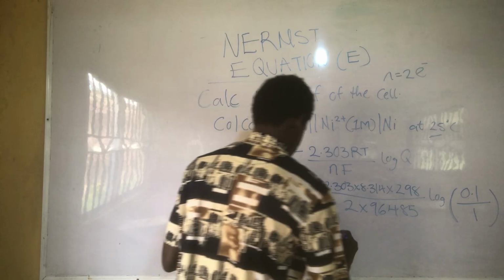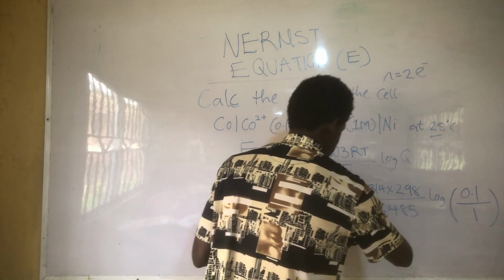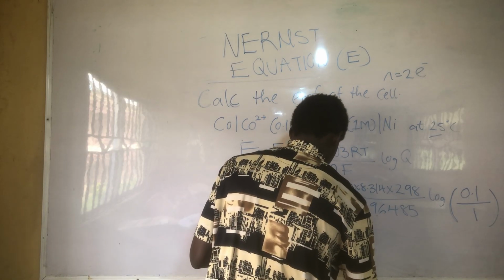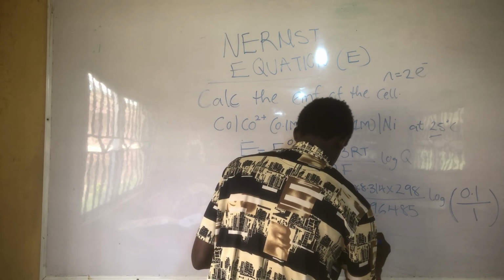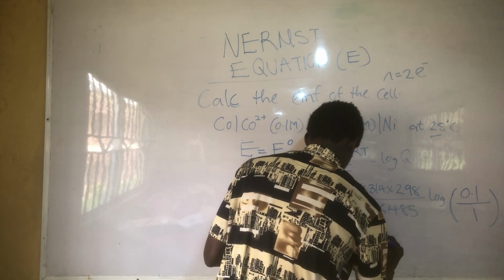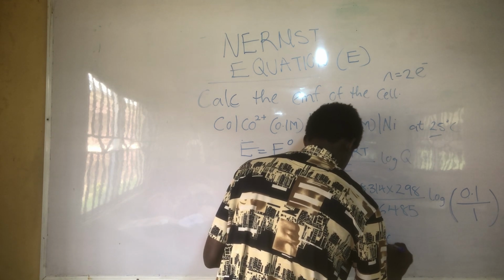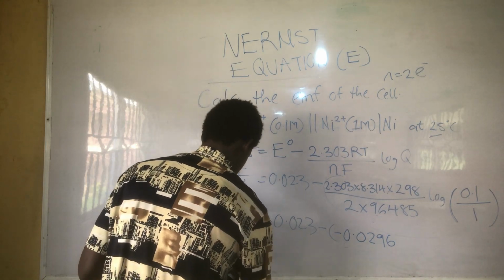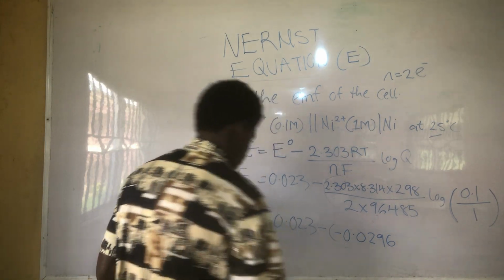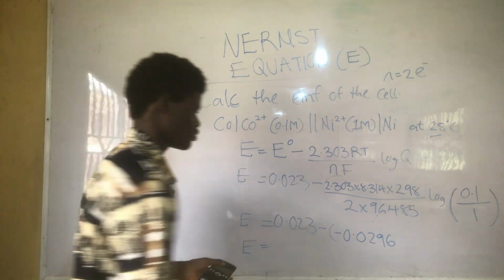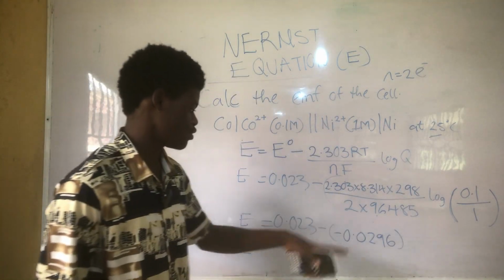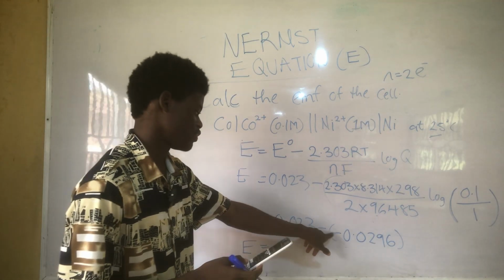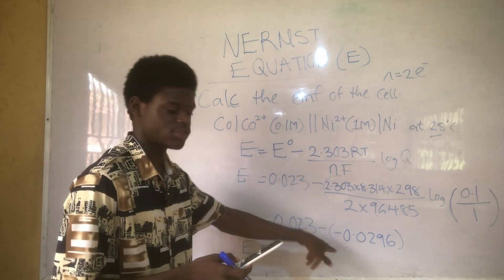So here everything is given, minus 0.0296. Since we've gotten this, we just have to solve for E. That's 0.023 plus, because negative times negative is positive, so we have to add.